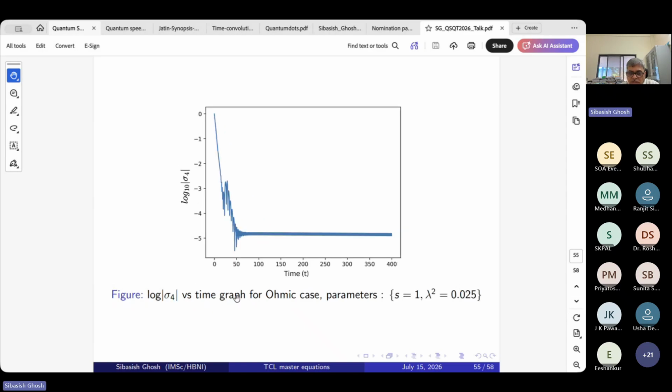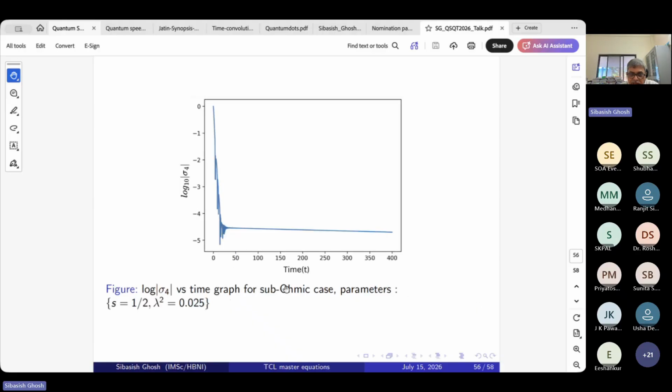Same is the case with ohmic, S equal to 1, where initially there is algebraic decay, and then finally it decays exponentially. I have taken another sub-ohmic case for sigma 4, and you see that this is also decaying exponentially.